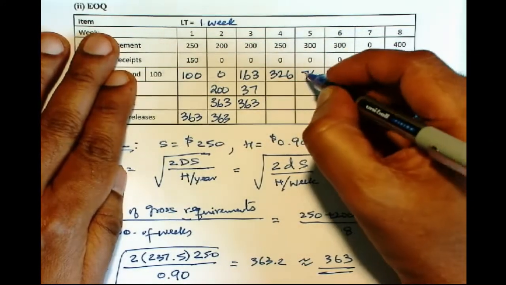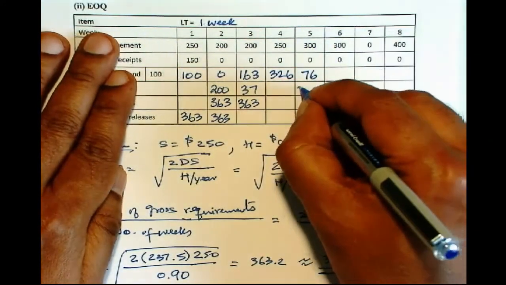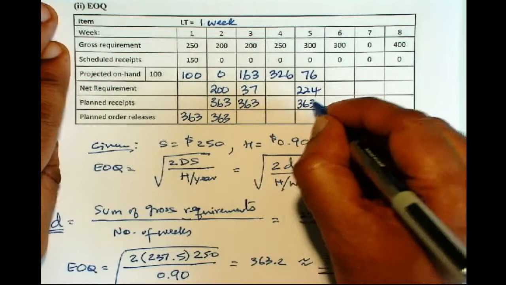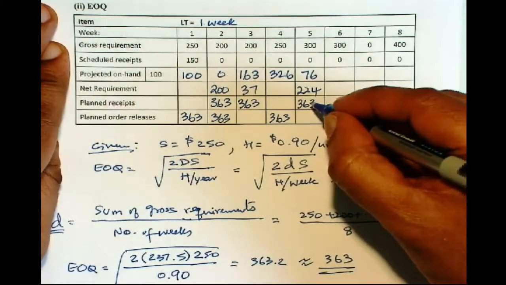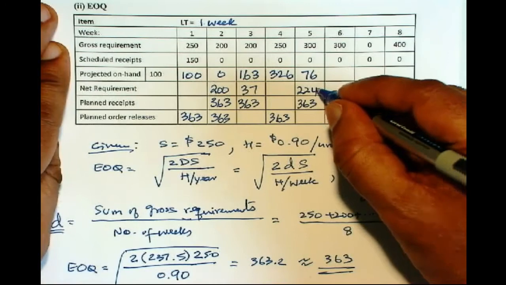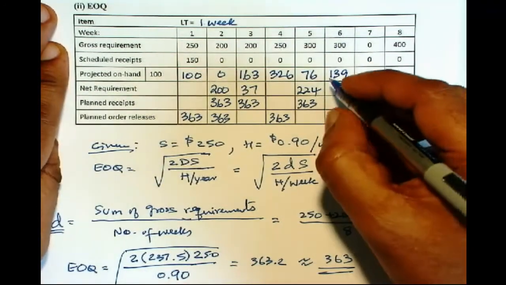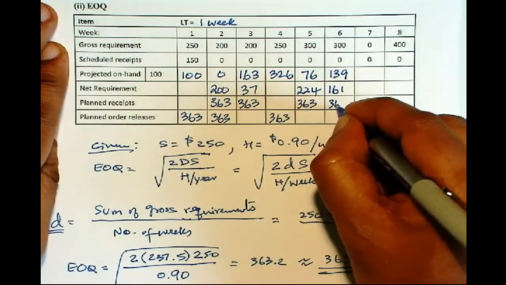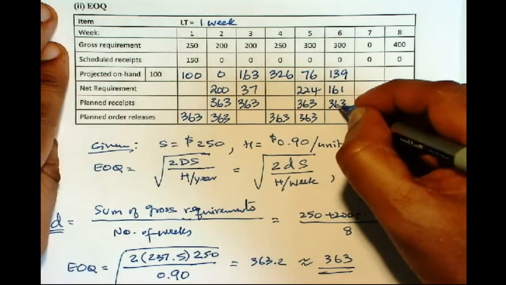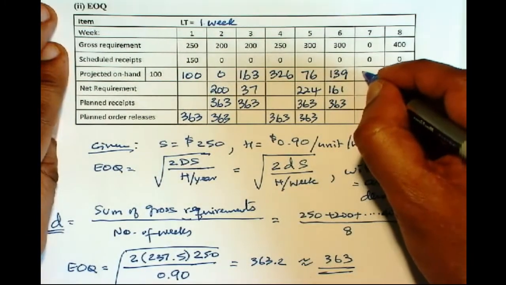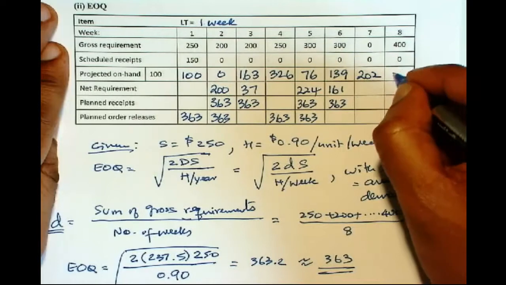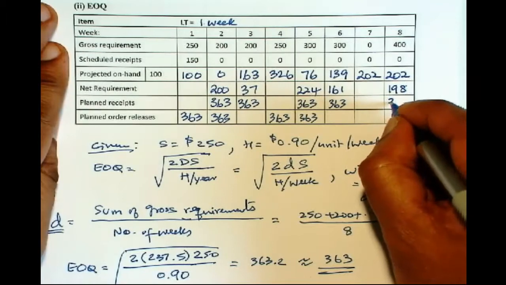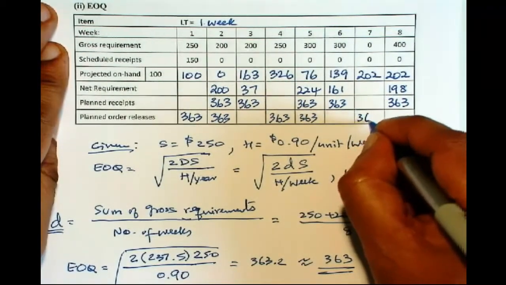So 300 minus 76, 224 is the net requirement. Then you order 363 again. 363 minus the net requirement 224 will give you 139. Then 161 is the net requirement. So order 363. 363 minus 161 will give you 202. Then 202 will give you 198. So once again you order 363.